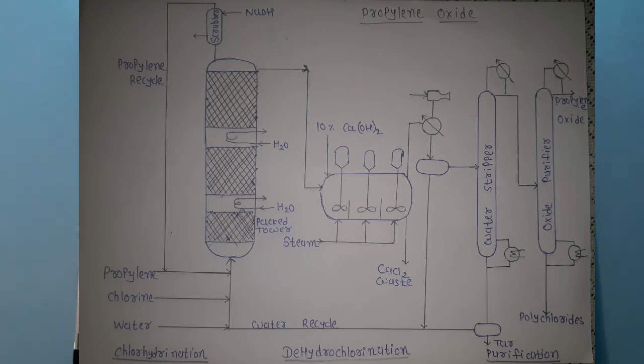After that, it first passes through the water stripper and then finally it is fractionated, from where polychlorides are removed from the bottom, whereas the product propylene oxide is taken from top. The basic steps of the process are, the first one is chlorohydrination, second one dehydrochlorination, and third one is purification.